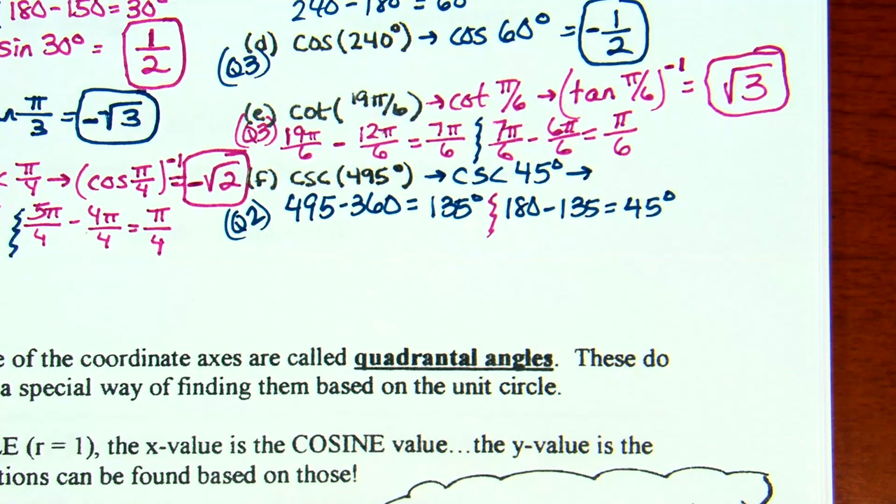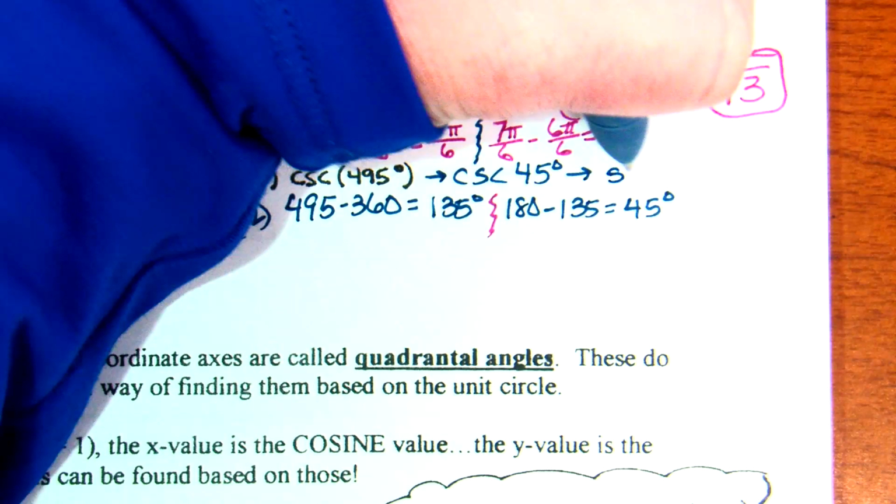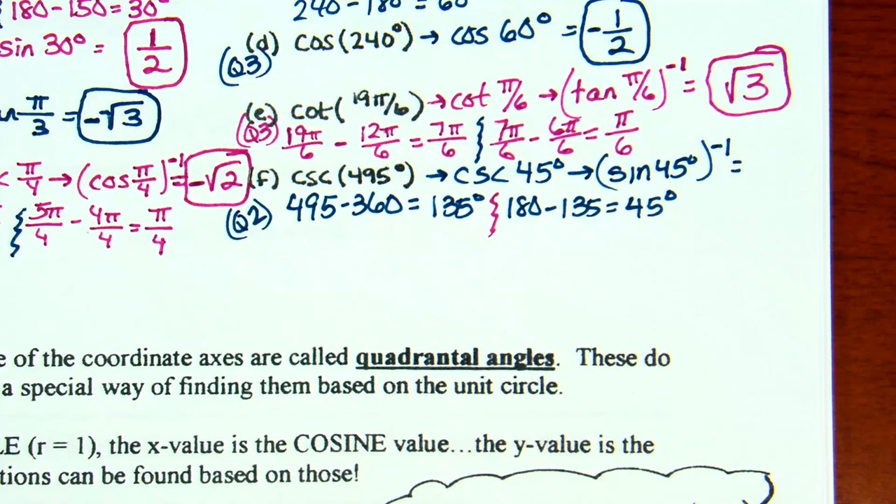What do we know about cosecant, though? It's the reciprocal of sine. So what I'm really going to do when I look at my chart is look at the sine of 45 degrees, and then I'm going to flip it. Okay, you got your chart?